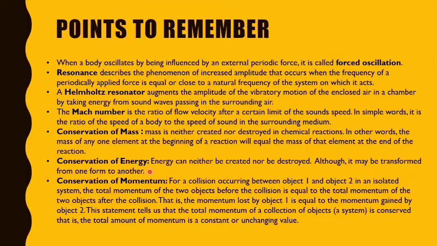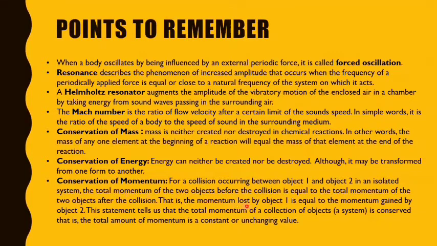And the last is the conservation of momentum. For a collision occurring between object 1 and object 2 in an isolated system, the total momentum of the two objects before the collision is equal to the total momentum of the two objects after the collision. That means it is similar to mass: whatever momentum exists between the two objects before the collision will be equal after the collision.